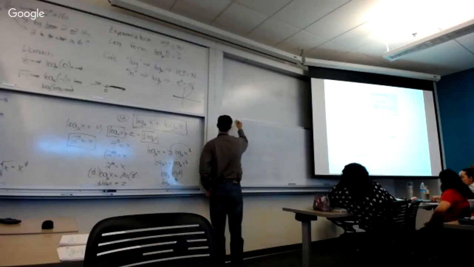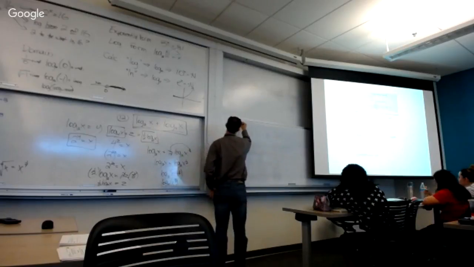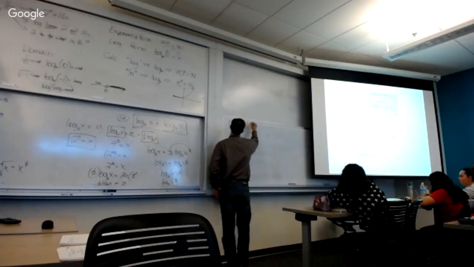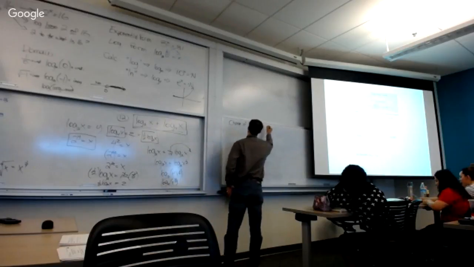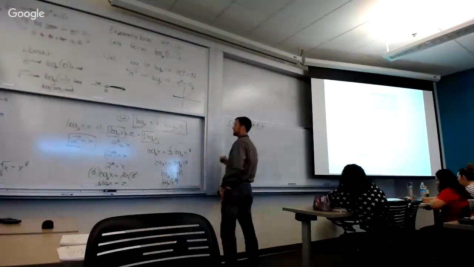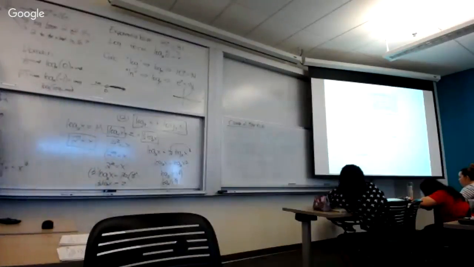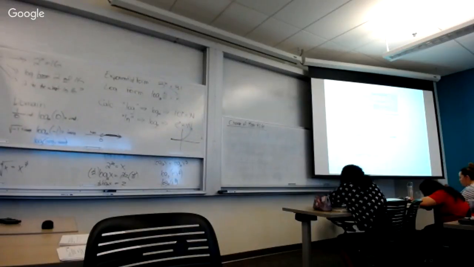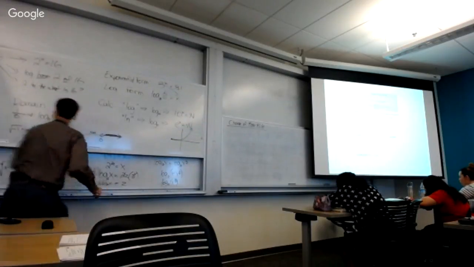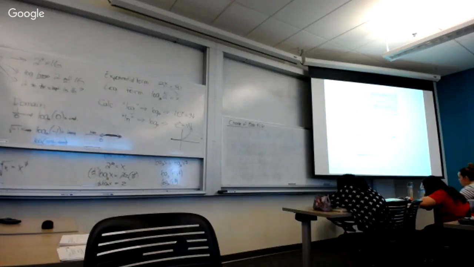So let's say, here's the change of base rule. I'm going to write it down. Change of base. Now, keep in mind, we've been talking about logarithms like this. We said base to an exponent equals an answer, right?